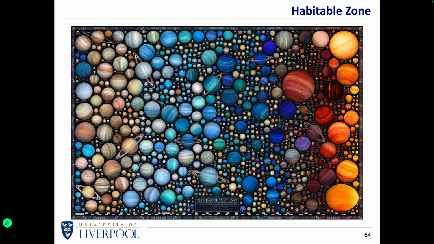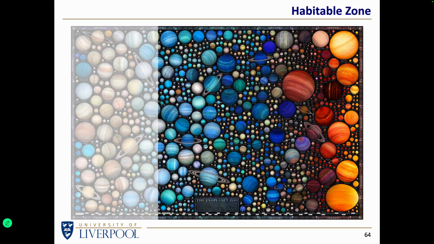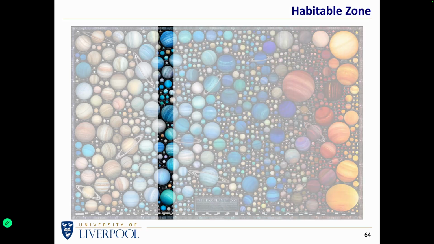When we think about how far they are from their host star, many planets will be too cold for liquid water to exist, and many planets will be too warm for liquid water to exist. So there's only a relatively small so-called habitable zone, the Goldilocks zone, that's not too cold or too hot, but the ideal place for liquid water.